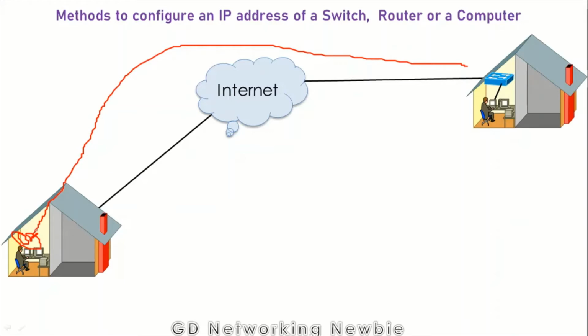But for that, we need to assign an IP address to the switch or a router. In our case, this is a switch. And to assign an IP address to the switch, in our previous video, we discussed the static IP address, or at least we assigned the IP address statically.